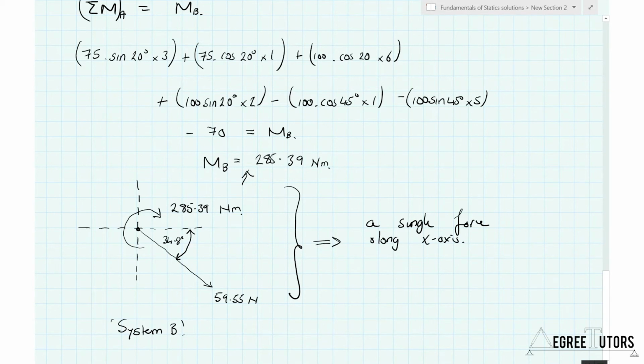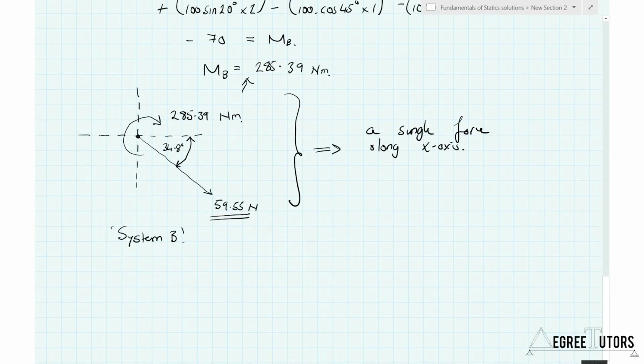So essentially what we're going to have to do is use the vertical component of this force to generate our clockwise moment. Okay. So in order to do that, I need a moment of 285.39 Newton meters.